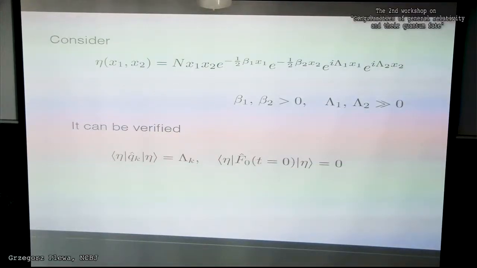As I said, it can be found that this condition is already satisfied, while these expectation values can be translated into these lambda coefficients of the normal mode in this function.